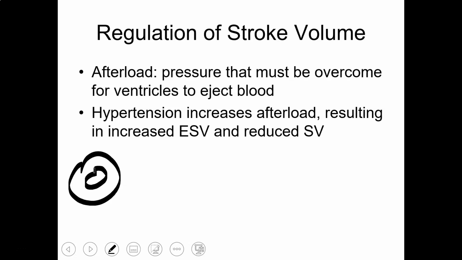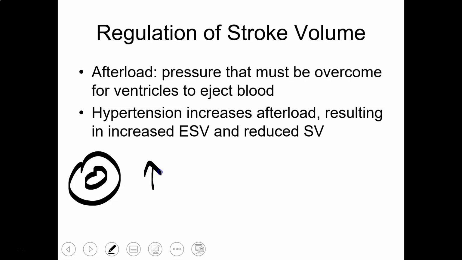Afterload. In order to get blood to leave, the heart has to put more pressure on the blood than what's already in the blood vessels. So if your blood pressure, your mean arterial pressure, is already high, the heart has to work harder to get blood out.